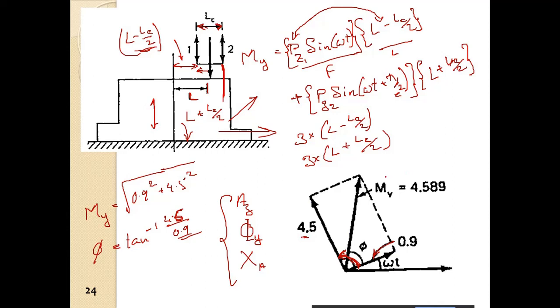Apart from that, you have to find out the natural frequencies as well: omega n tx, omega n tz, omega n phi. You have to make sure that these are not matching the operating frequency of the system, which is omega.